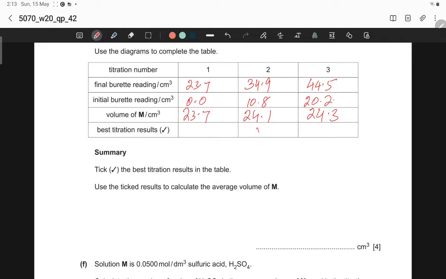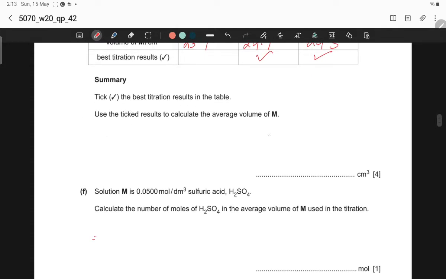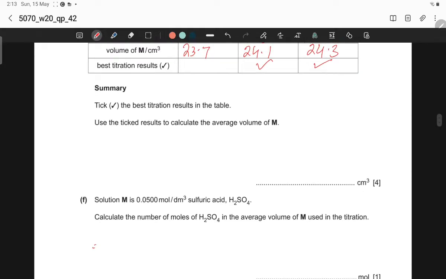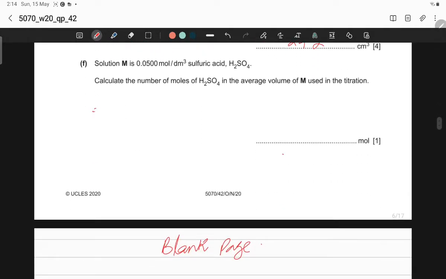So this, 2 and 3 are the best titrations. 24.1 plus 24.3. So when it is written in the question to calculate, just show the calculation please. This is equal to 24.2 centimeter cube.